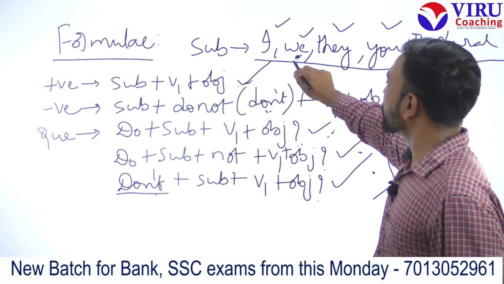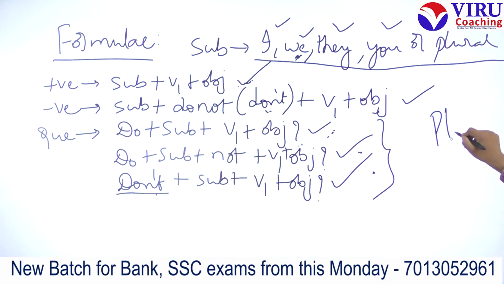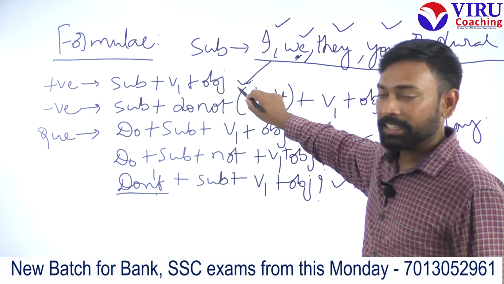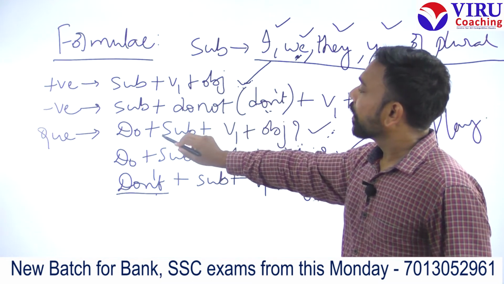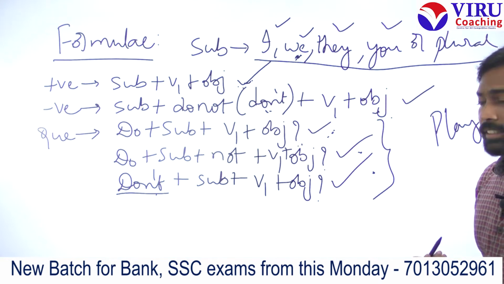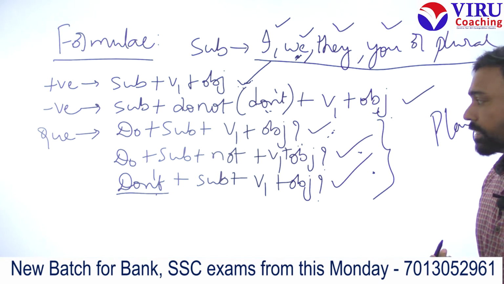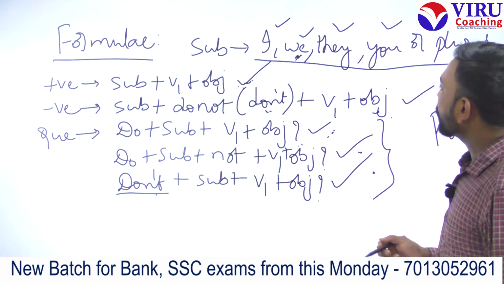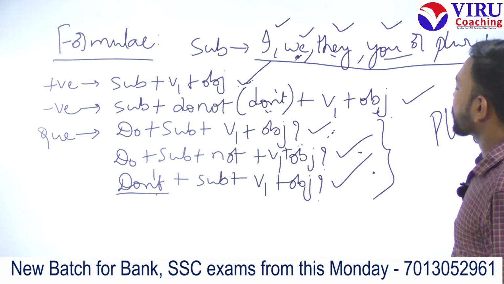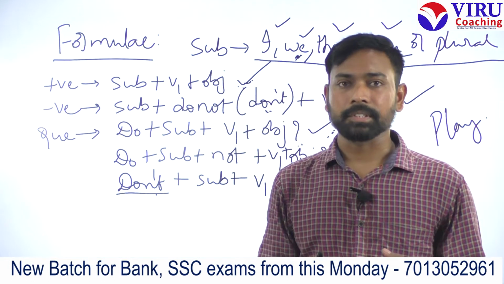Let us pick this, and the verb here is play. So let us frame sentences. We play cricket. We do not play cricket. Do we play cricket? Do we not play cricket? Don't we play cricket? Likewise, you select the rest of the subjects and change the verbs.